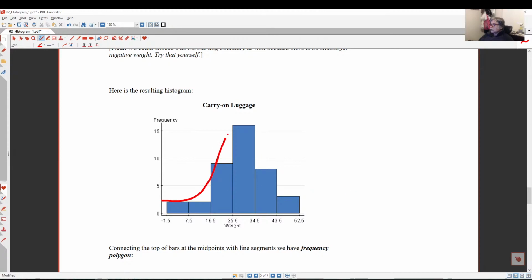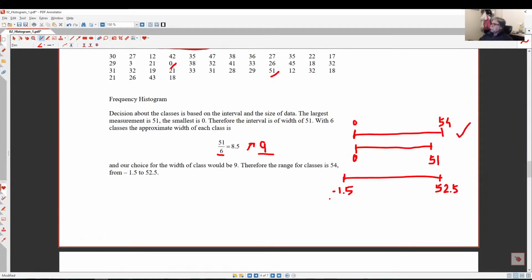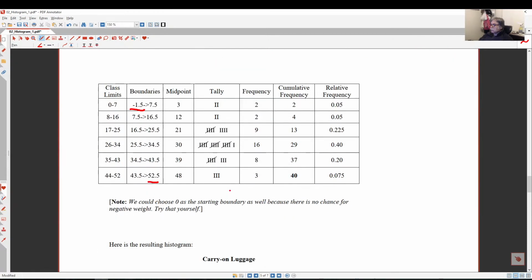Now, this is a unimodal skew to the left because the pronounced tail is on the left. If you use this division of the sample, then it's going to be of the same shape. There will be no change in the shape. So you might want to try that yourself.